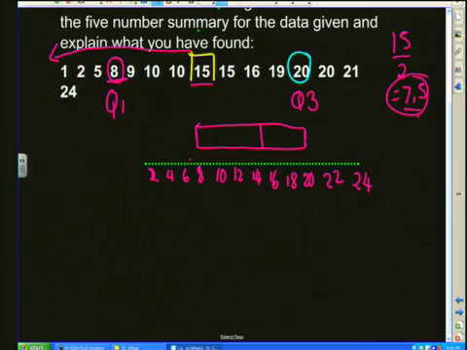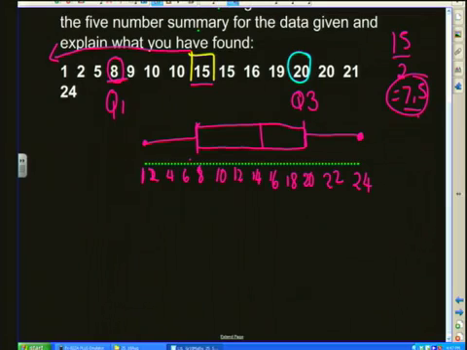All right, so we've got our lower quartile, we've got our upper quartile, we've got our median value. Then we extend the whiskers of that box to the minimum value and then to the maximum value, and we put little dots to include those values. So your minimum here is 1 and your maximum is 24.